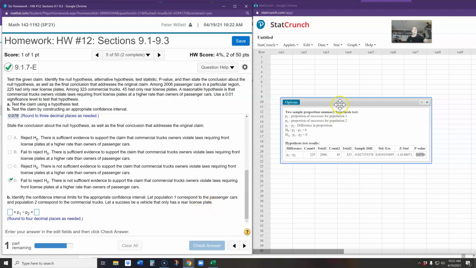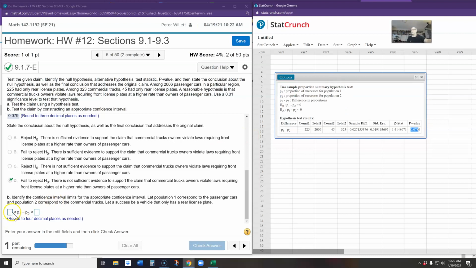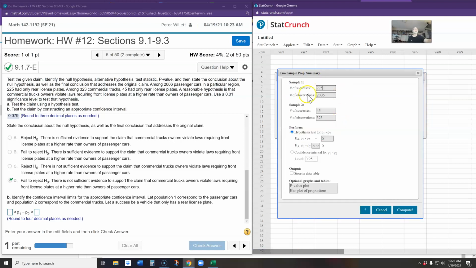So what I'd like to point out is that to do this, they're asking for the appropriate confidence interval. So we have to figure out what that is. But we've already entered in all the summary stats. So instead of me closing this and entering those again, I'm going to go to Options, and I'm going to Edit. Then I don't have to re-enter that summary statistics information.